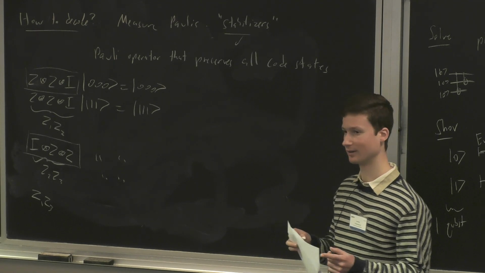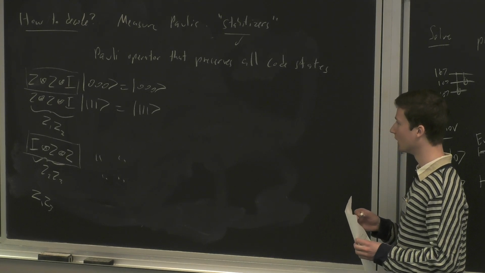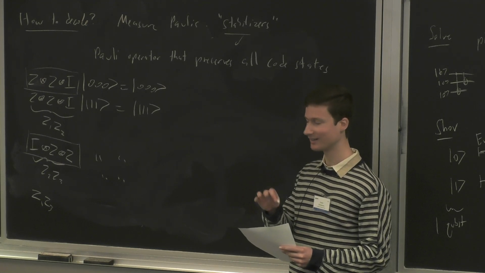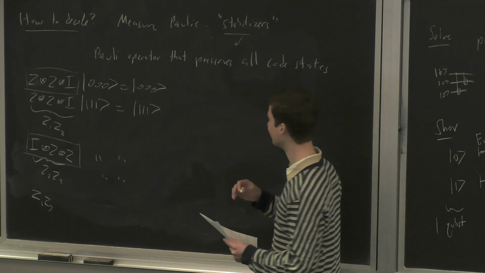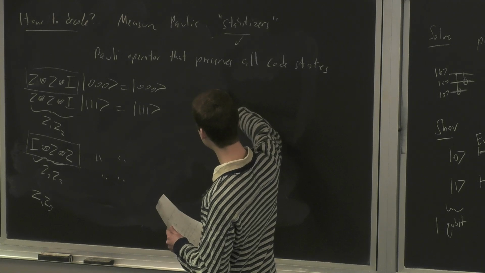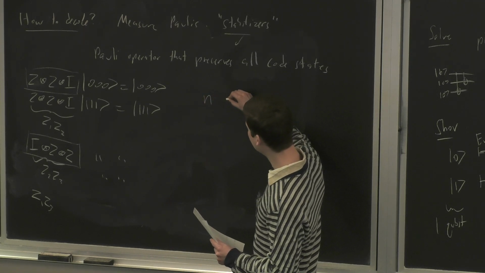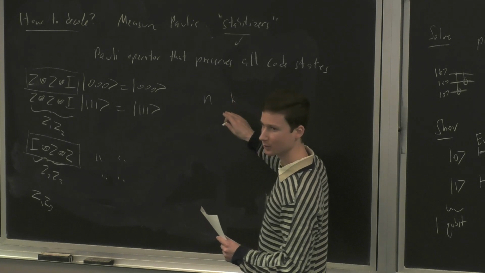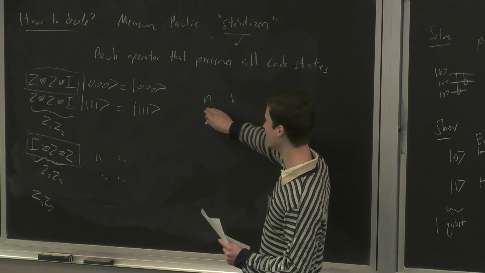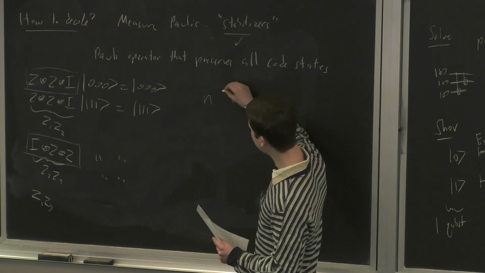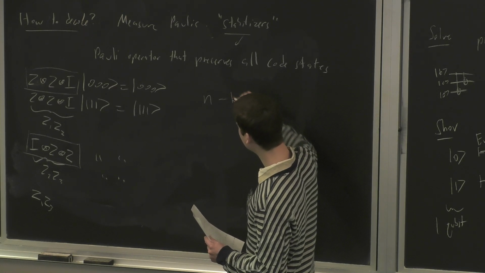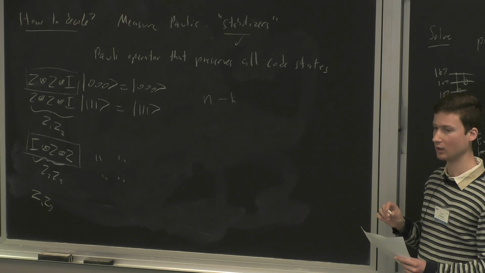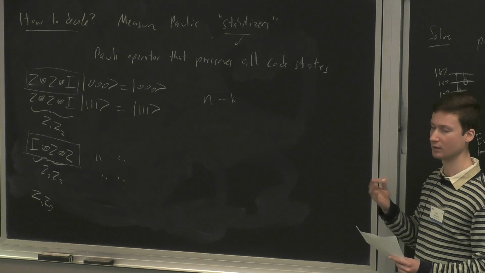Yeah, that's a great question. We'll get there in a second. I agree, it's definitely not obvious. It's going to turn out that if we have an n qubit code, and a k qubit message, so a length k message encoded into n physical qubits, then we're going to need n minus k stabilizers to generate all the stabilizers and to define this code.